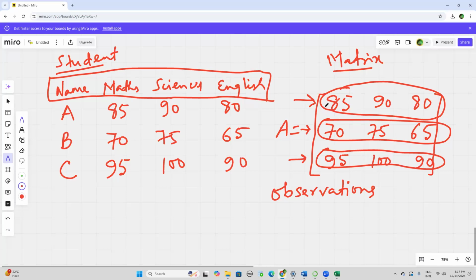When we represent data in matrix format, we represent only the observations. And this word observations is actually a mathematically derived word. It has nothing to do with the technical world or programming world.